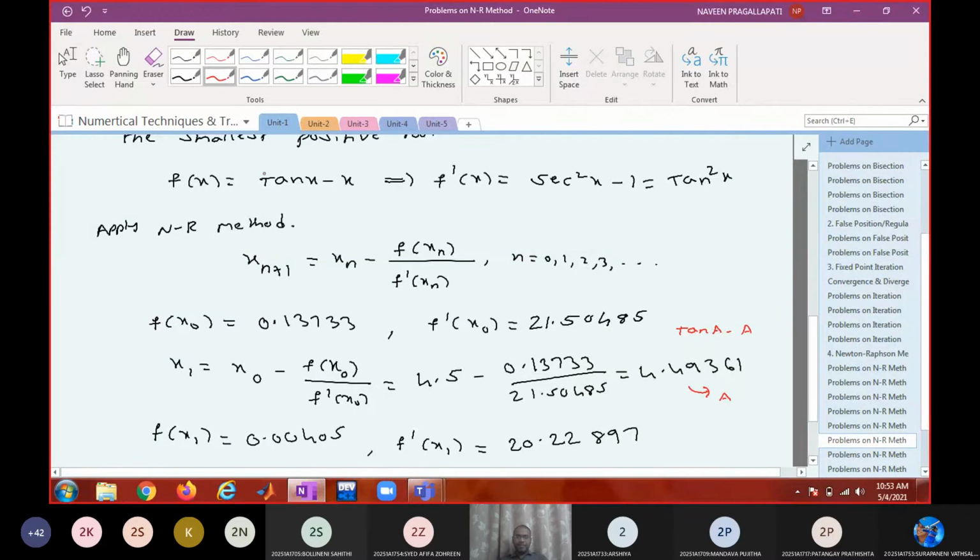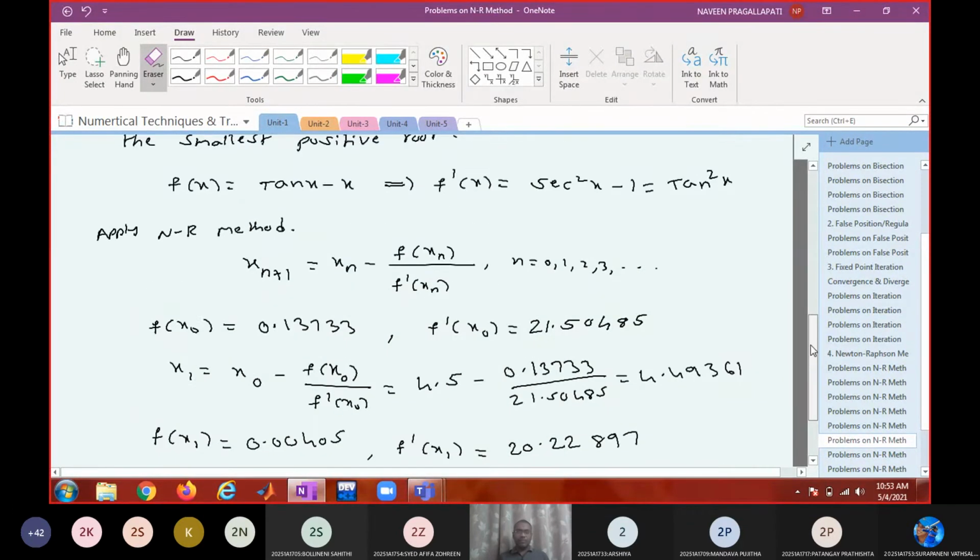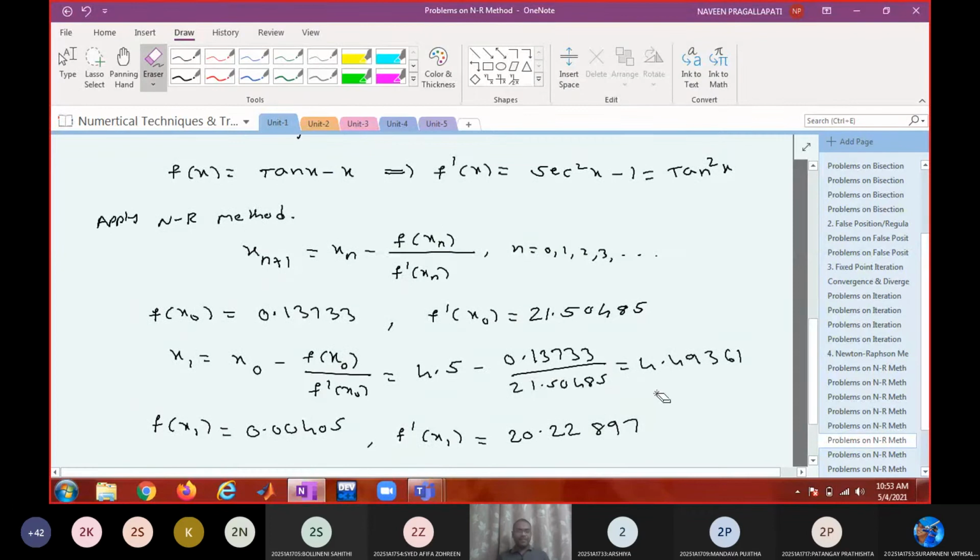I told you how to store the value in a variable. These are the values you got.